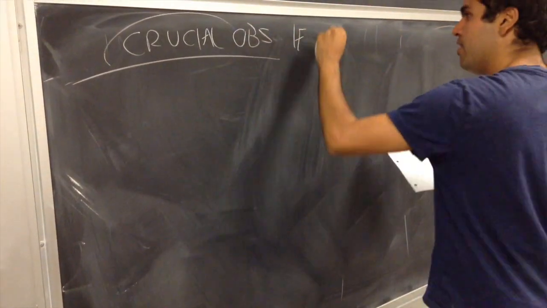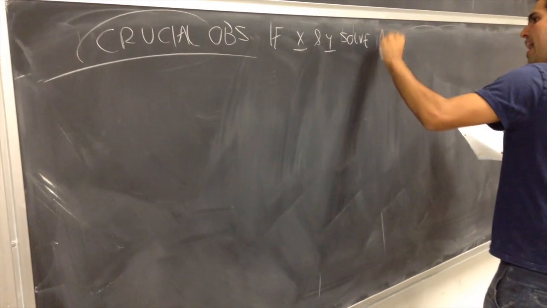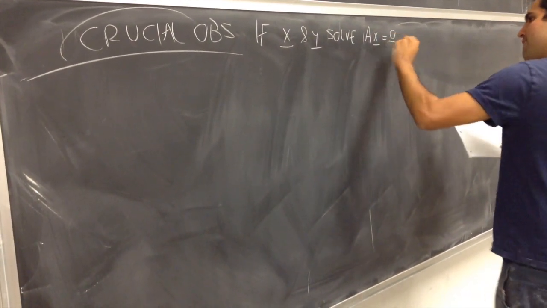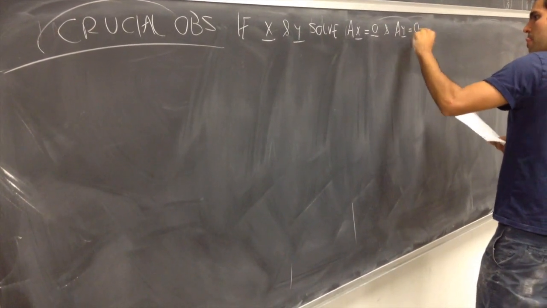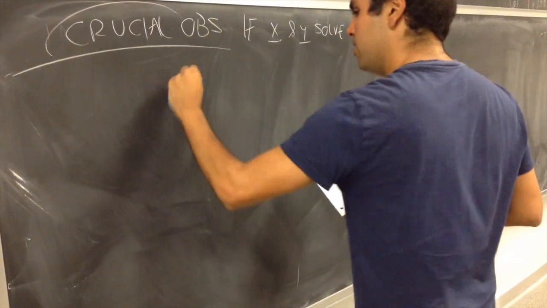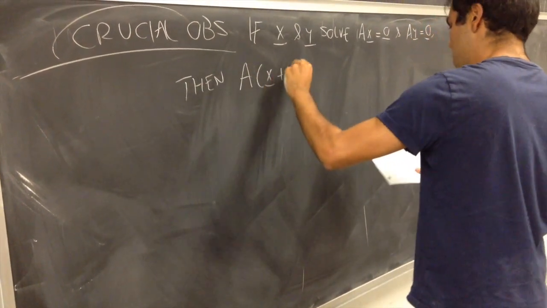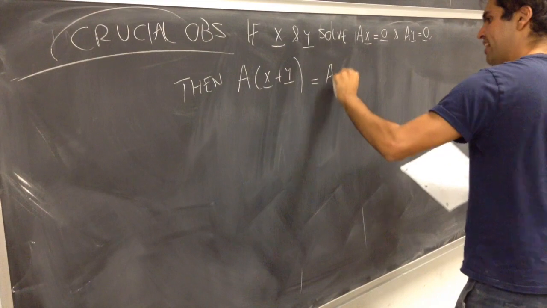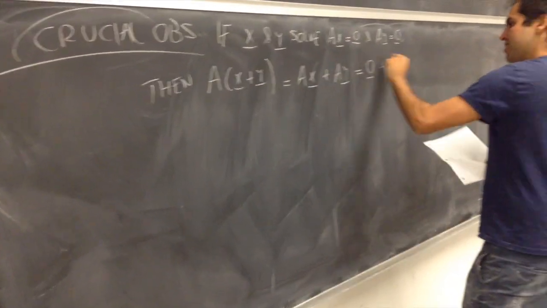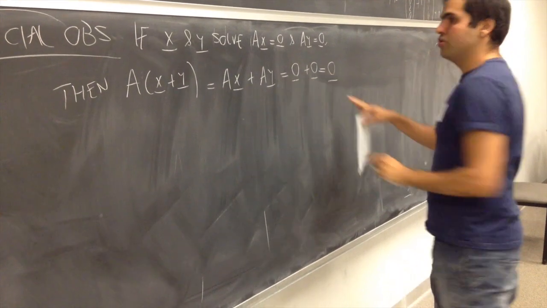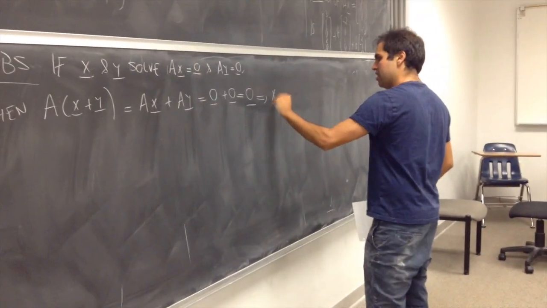Namely, if x and y solve AX equals 0 and AY equals 0, then, let's see, what about A of x plus y? AX plus AY, that's 0 plus 0, equals 0. So x plus y also solves this.